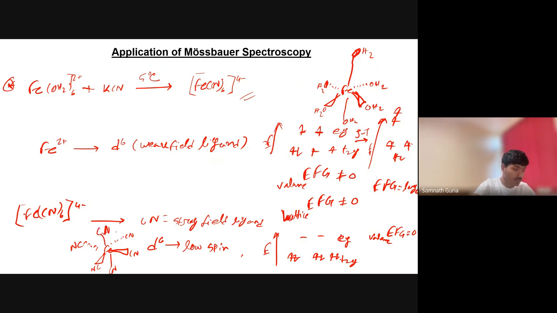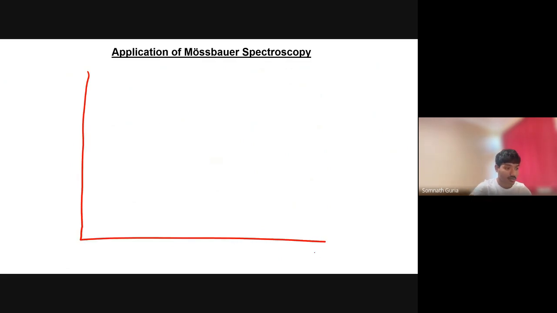Okay, so there will be an EFG lattice also, 0. So we'll get only one line. In the Mossbauer, what they are monitoring, this is velocity, and this is percentage of transmittance.